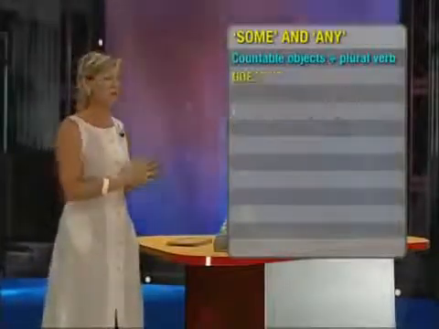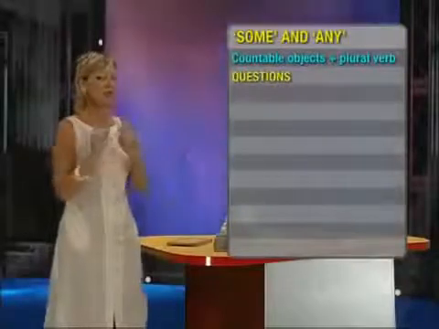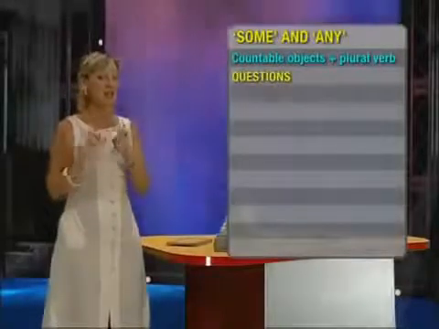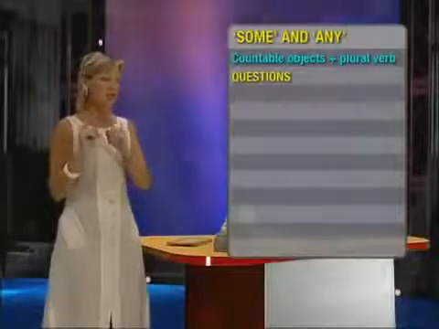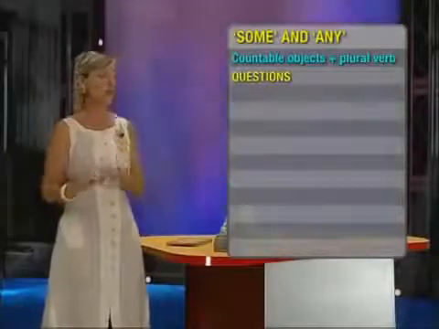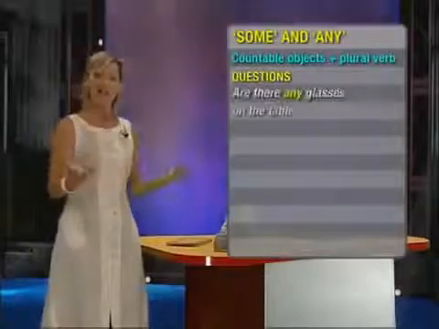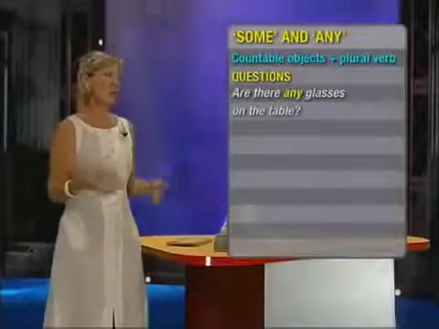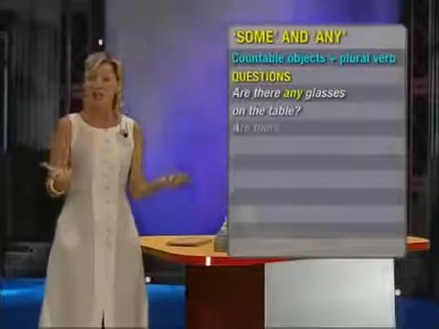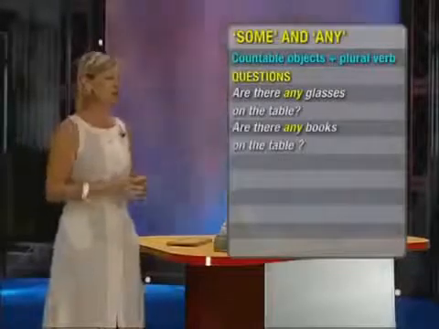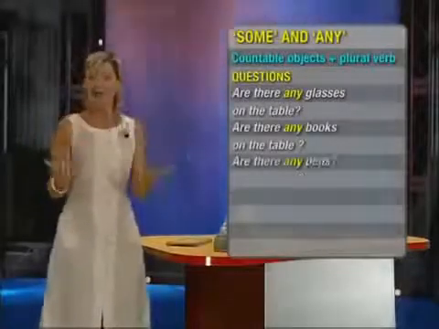All right? Now, questions. Here again, we use the word any. We use any in the negative and any in the questions. So, are there any glasses on the table? Are there any books on the table? Are there any pens?